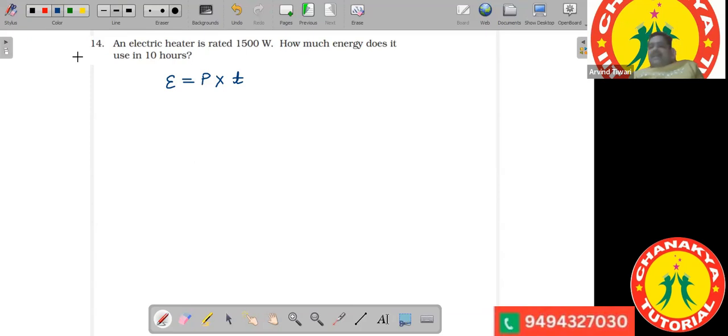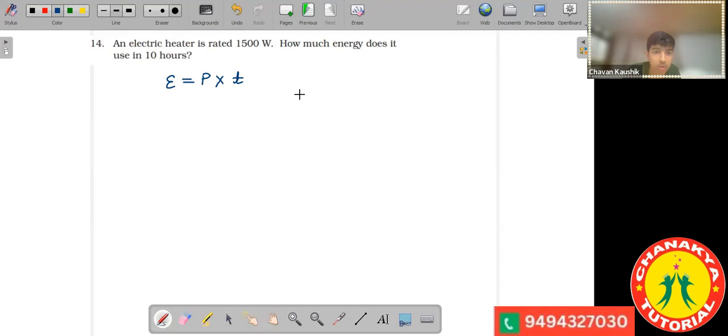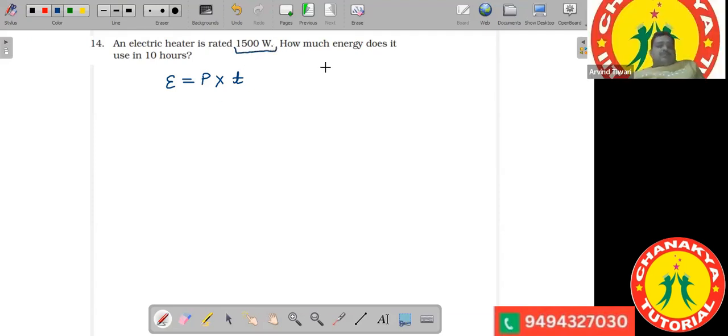See, this way I think you will get this time. Sir, do we have to do it in kilowatt again? Yeah, again you have to take it in kilowatt. You have to tell your answer in kilowatt hour.